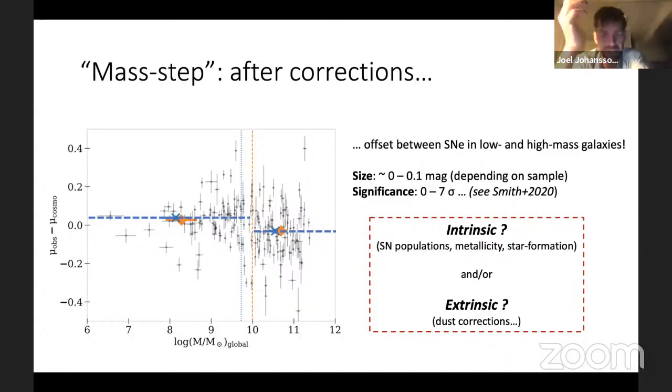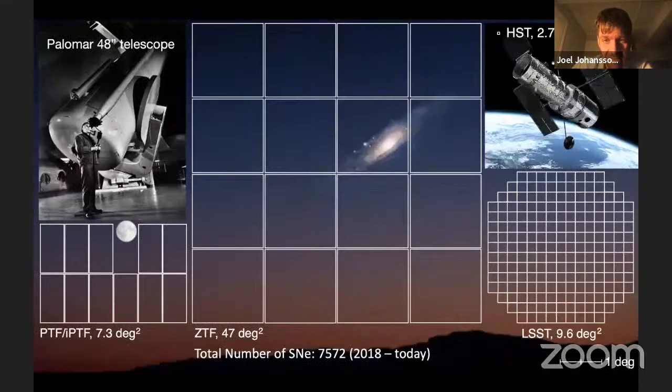In that sense, the supernova in massive galaxies might have different metallicity, star formation rate effects, or in principle different supernova populations in low mass and high mass galaxies. Or it could be extrinsic effects, as I call it, and by that I mean, in principle, how we correct for dust in the host galaxy. So this is a line of thought I will pursue from now on.